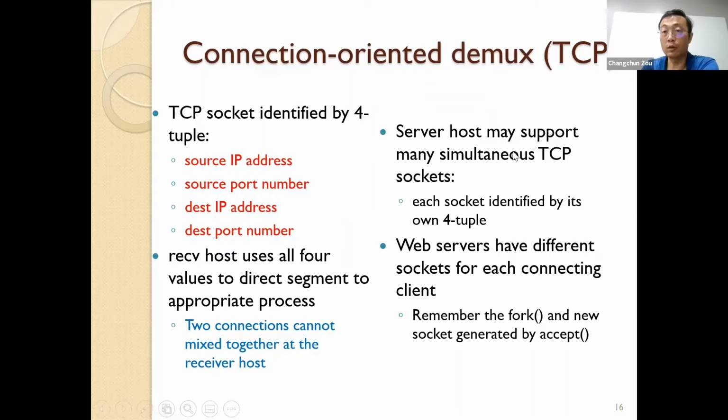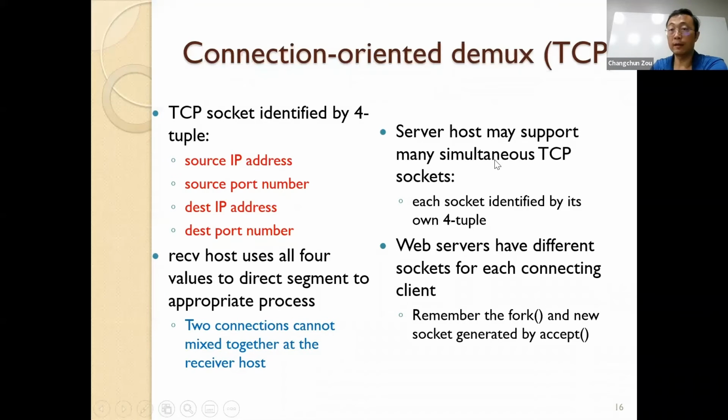A server host will support many simultaneous TCP sockets, because a web server, for example, may concurrently serve hundreds of client connections. For each incoming TCP connection, the web server will create a socket and create a child process to deal with that particular connection.